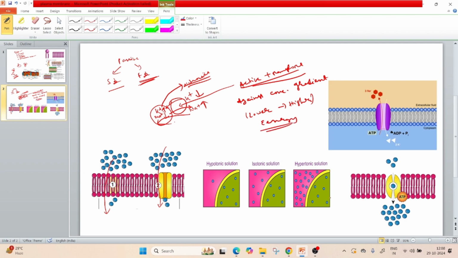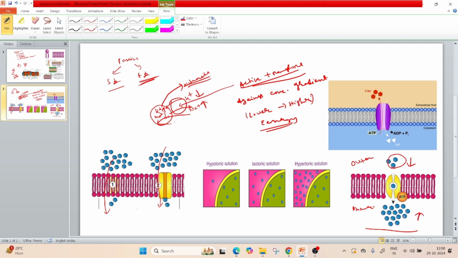So because it is against the concentration gradient, it needs some use of energy. Look at this structure. In this structure, let us say this is the outer, this is the inner layer. In the outer layer, low concentration is present, and inside higher concentration is present.